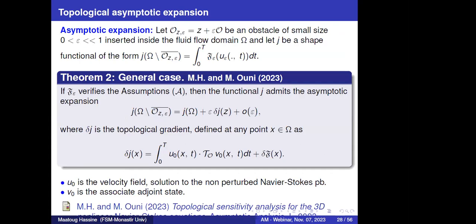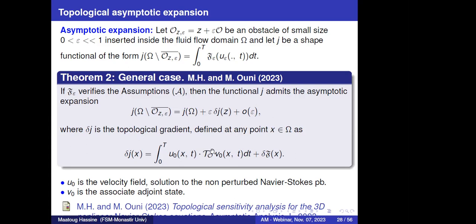So using the obtained estimate for the velocity field variation, we prove that all cost design functions satisfying the assumption admit this asymptotic behavior, and the topological gradient is defined by this expression, where U0 is the velocity field solution to the non-perturbed Navier-Stokes problem, and V0 is the solution to the associated adjoint state.